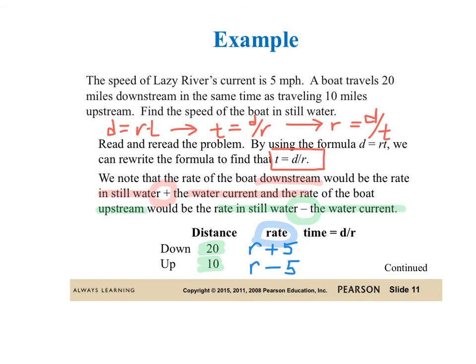So the time downstream is going to be 20, which is the distance, over the rate, which is r plus 5. And then upstream, the time was 10 miles for the distance, and the rate of the boat was r minus 5. And we know that the time is the same in both cases.